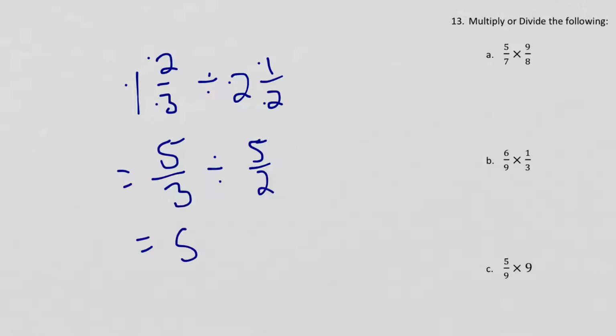Okay, so now we've got 5/3 multiplied by 2/5 when we do our invert and multiply steps. Okay, so we're in good shape here.